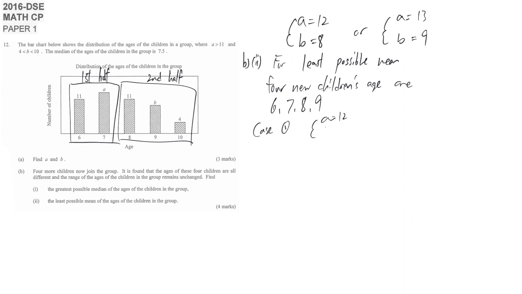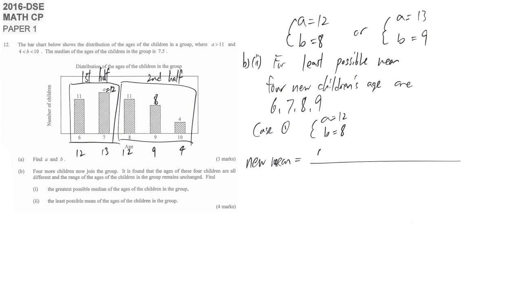Case 1. A is equal to 12 while B is equal to 8. So the new mean is equal to, A is 12, B is 8, so it becomes 12, 13, 12, and 9 because we add 4 new members.